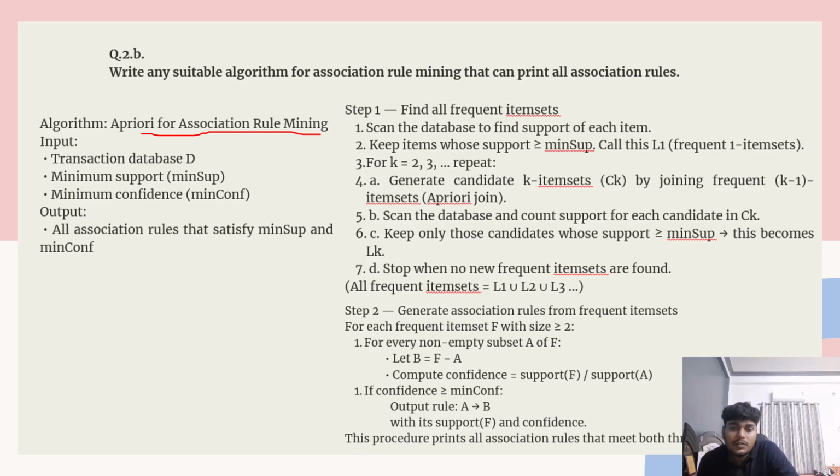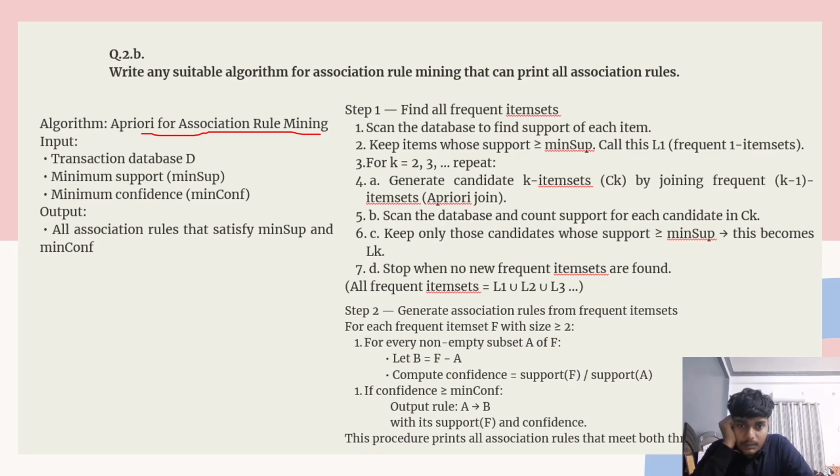This is called Apriori join. Scan the database and count support for each candidate in Ck. Then keep only those candidates whose support is greater than or equal to min-sup. This becomes Lk.